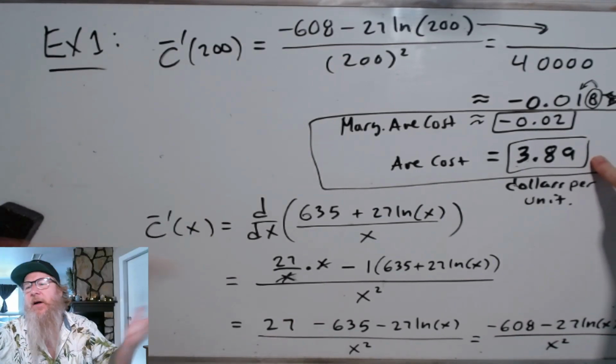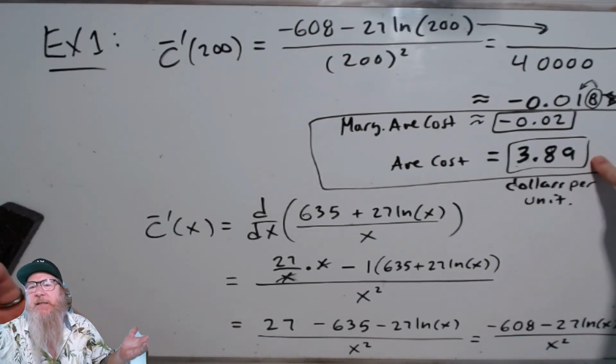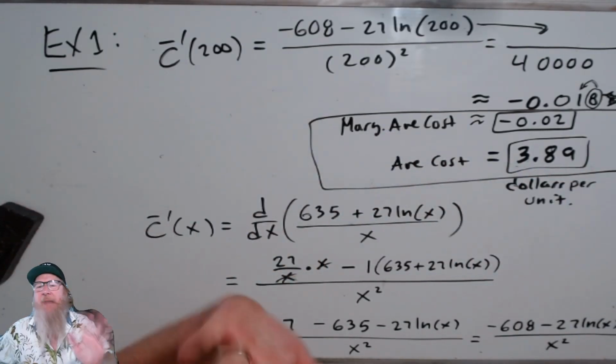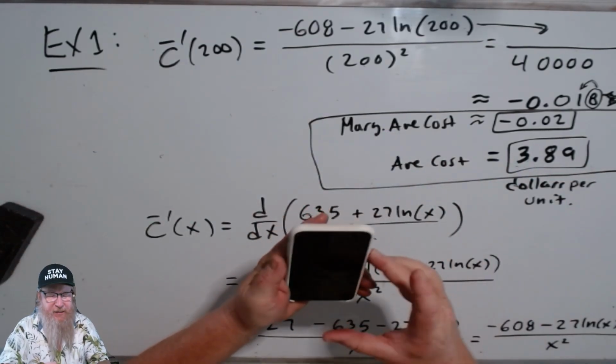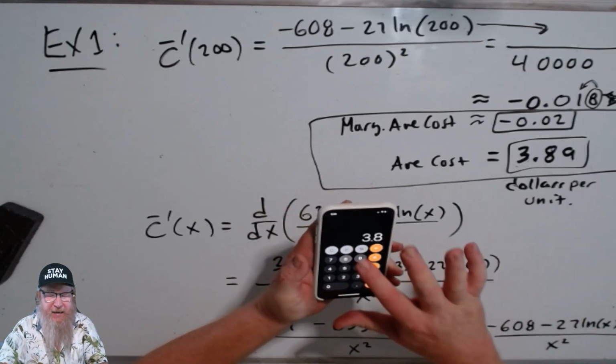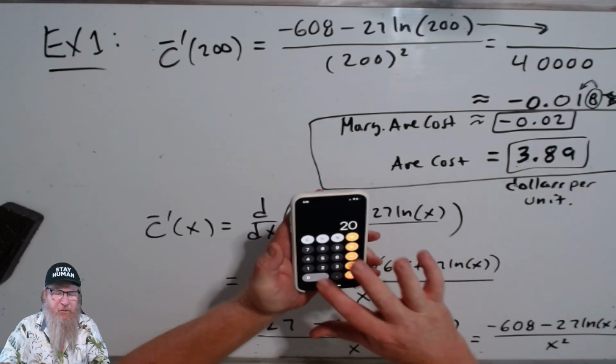And then again, on the side, you can say, well, by the way, that means that if you produce all 200 units, you just multiply these two. I'm not asking that question in this assignment, but on a side note, you could say $3.89 times 200.